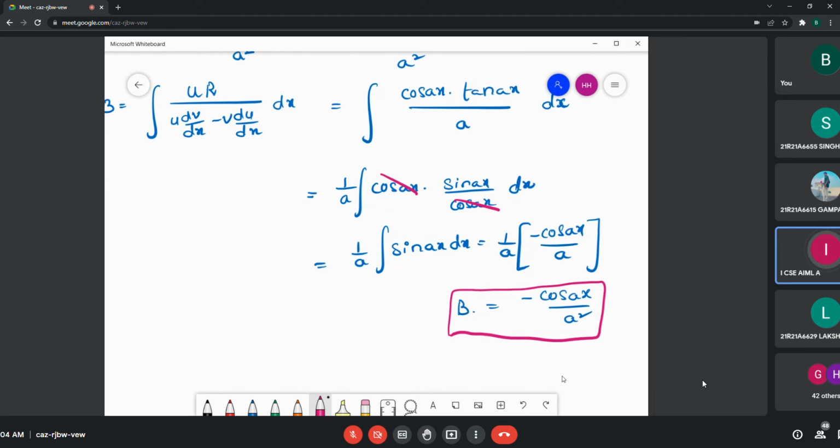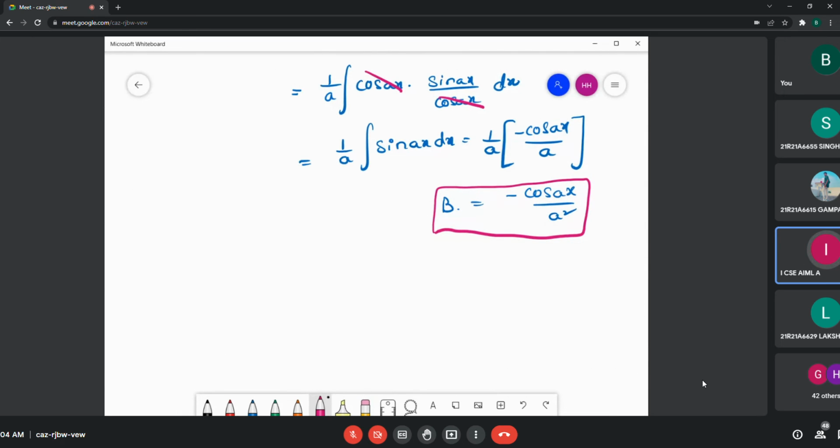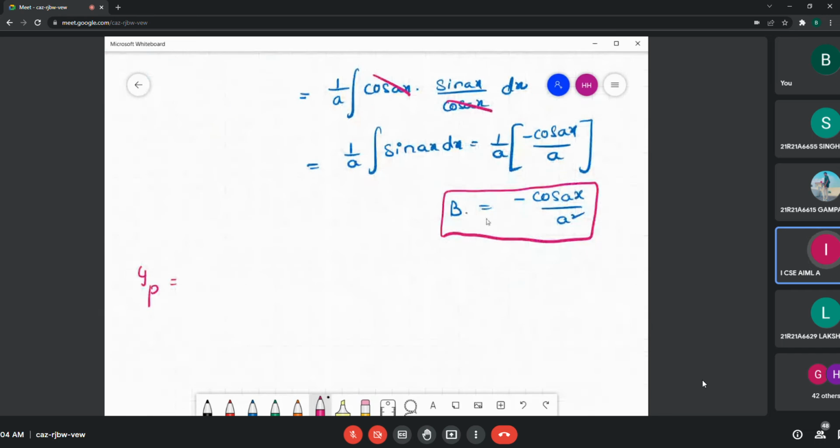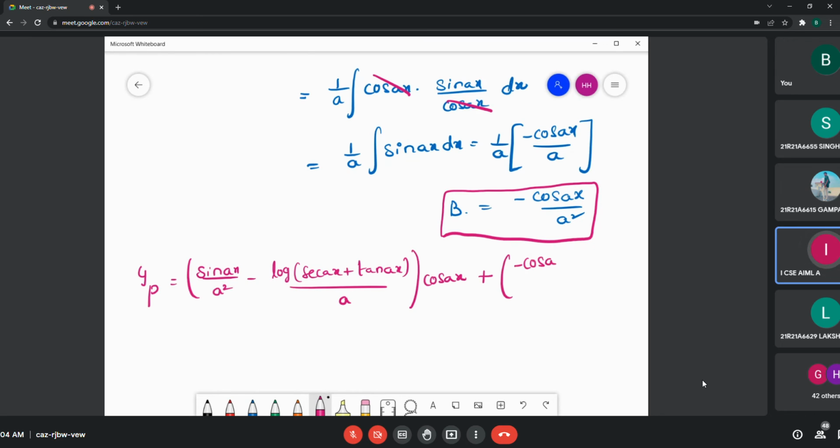And now write the yp clearly here. So yp is equal to A into u of x. So what is the value of A here? A is this complete function, sin ax by a square minus log secant ax plus tan ax by a square, into cos ax, plus B. The B value is minus cos ax by a square into v of x.